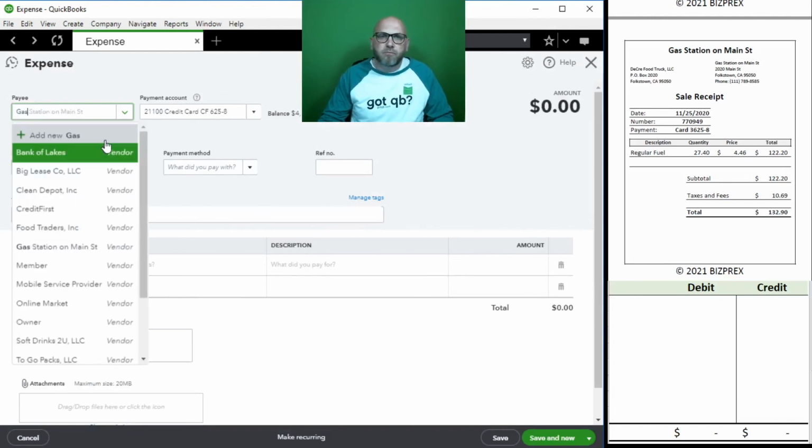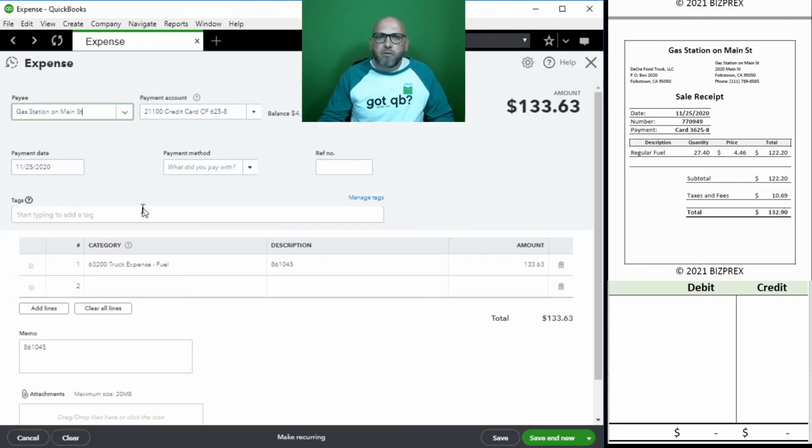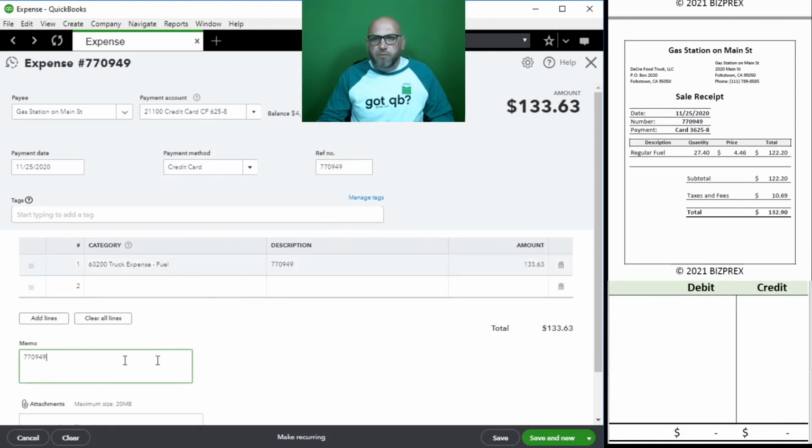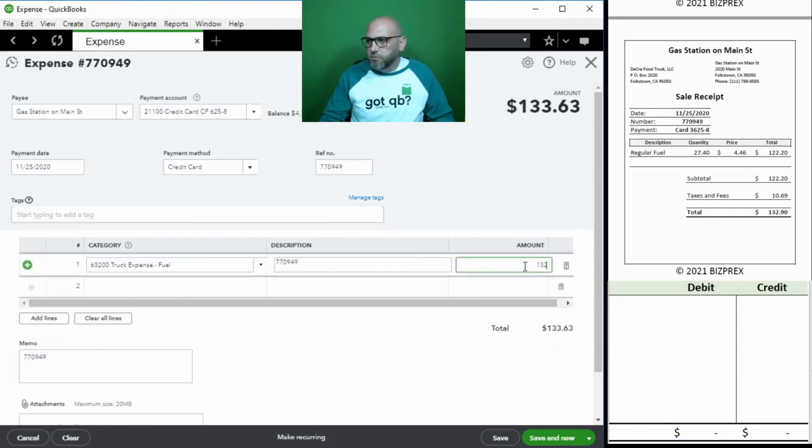Credit card, all good, 1125. Reference number. Alright, fuel right here. Let's just make sure we're copying the reference number and amount, and update it because it brought the amount from last time.